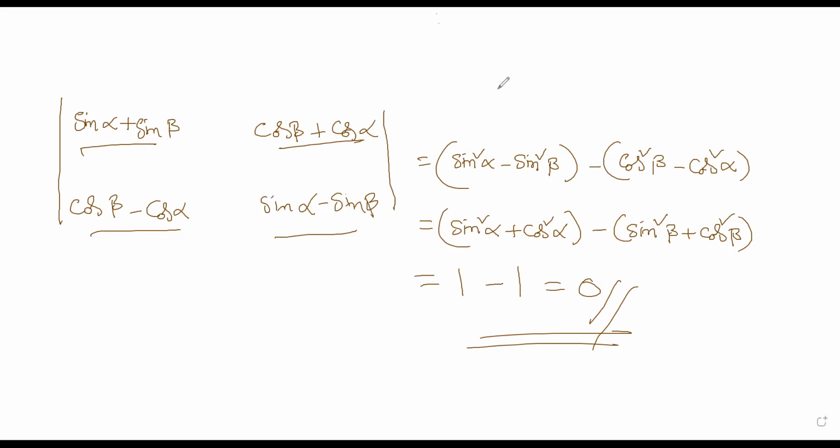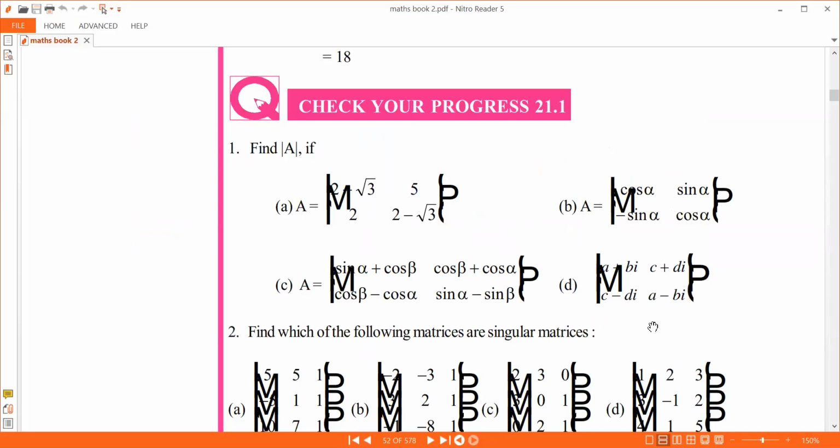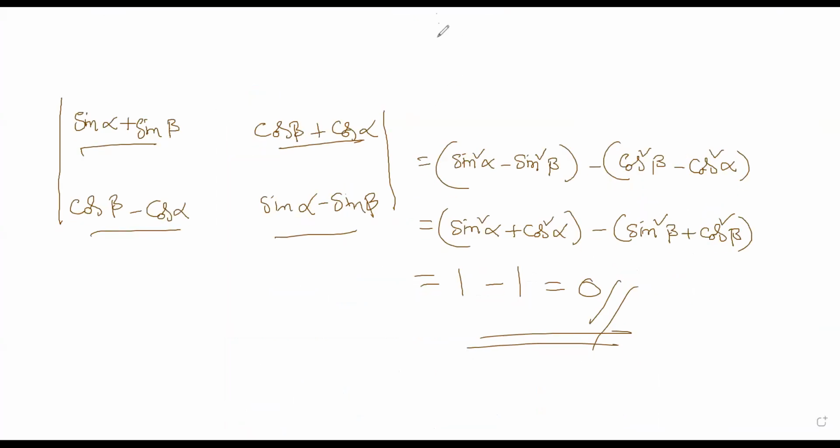So, okay, we'll go ahead. Now, complex numbers. A plus Bi, A minus Bi, C plus Di, C minus Di.